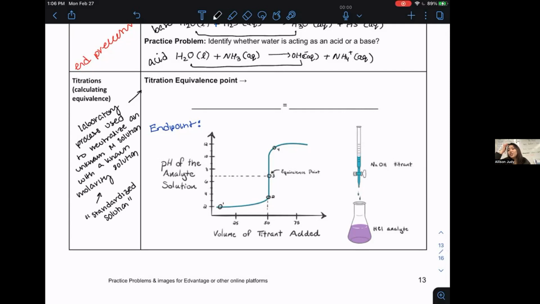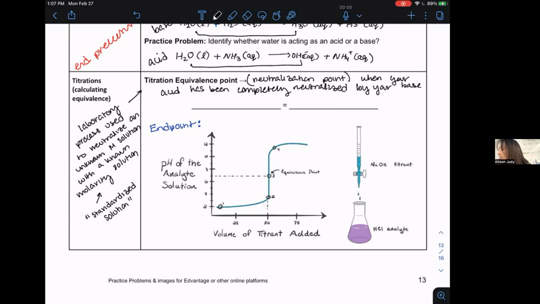So the titration equivalence point is also known as the neutralization point, AKA the neutralization point, when your acid has been completely neutralized or reacted with, neutralized by your base, or vice versa, depending on how you want to look at it.